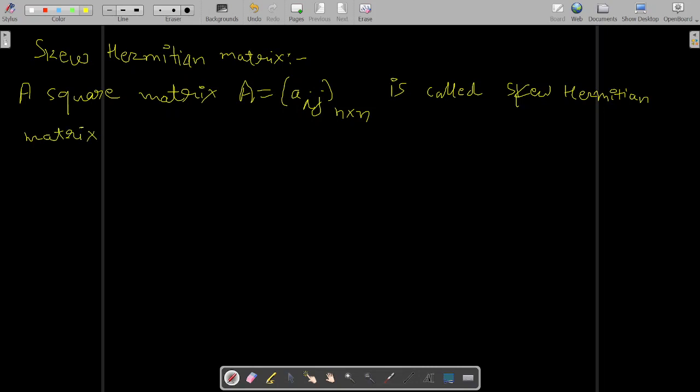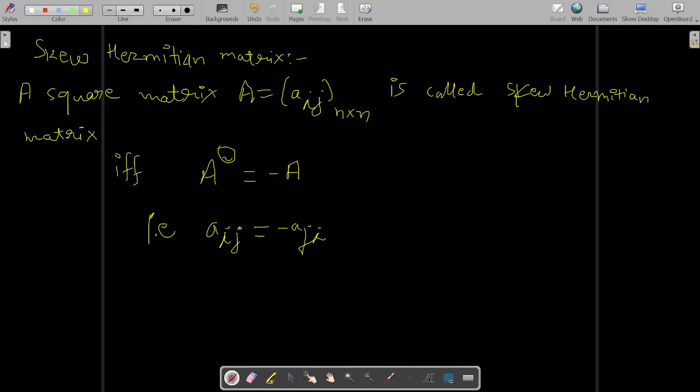A matrix is called skew Hermitian if and only if A conjugate is equal to minus A, that is, Aij. I had told you in the previous lectures what is conjugate.